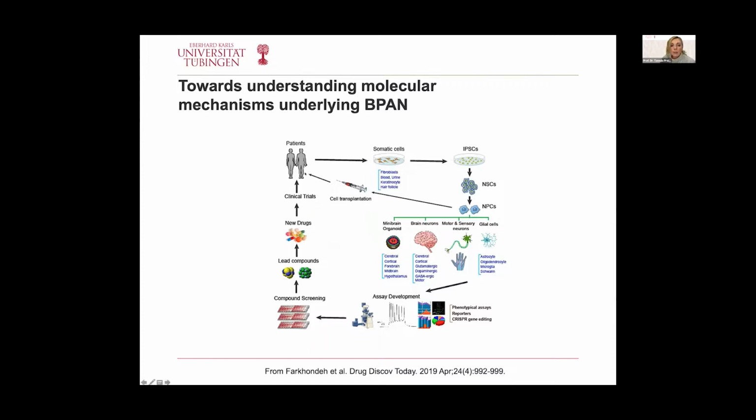We will be using, and have already established, fibroblasts and iPS cell lines. We'll differentiate them, and we aim to address the question, what is different with regard to autophagy, and which other non-autophagy function the new forms may fulfill.